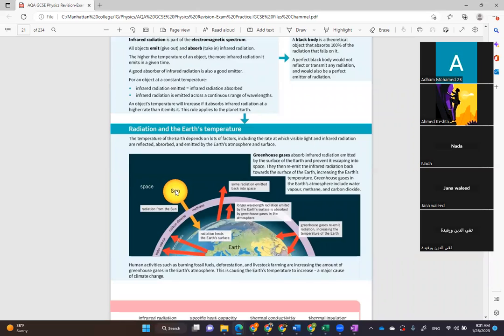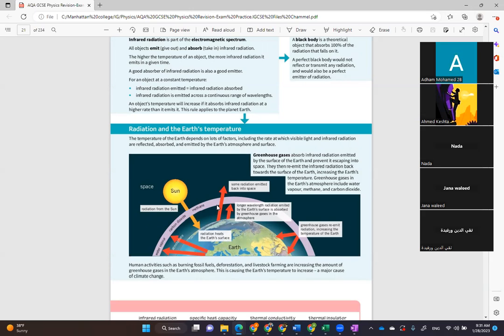I just mentioned that the sun emits a lot of radiation to the Earth, right? So the Earth's surface reflects the light again backward or to the atmosphere. Some of the radiation is emitted back to the atmosphere.